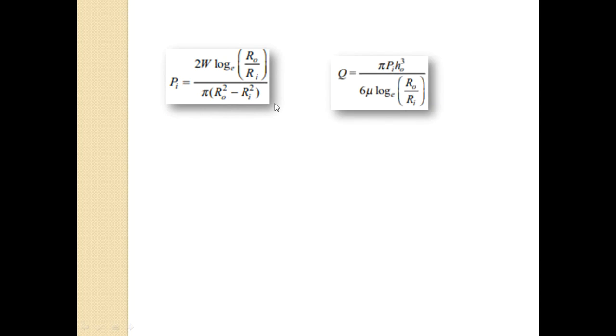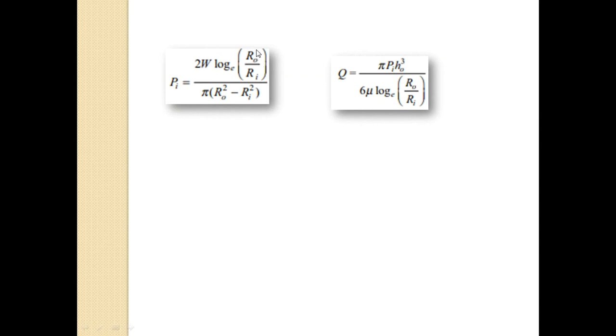Now the next formula we have to use is for Q, the flow of the lubricating oil. Q is equal to pi into Pi into H naught cube, whole term divided by 6 times mu into log to the base e of Rho divided by Ri. Here pi is a constant, and Pi we got from the previous formula after putting in the values.